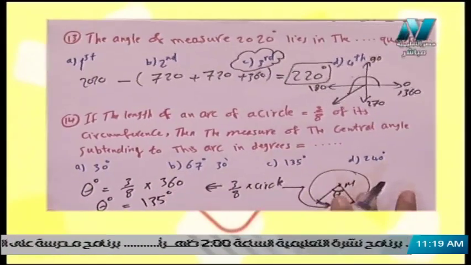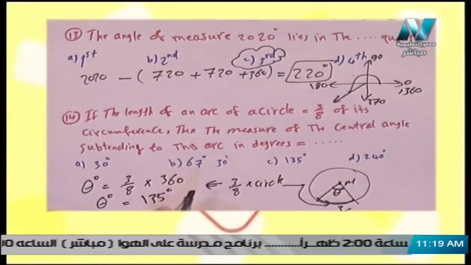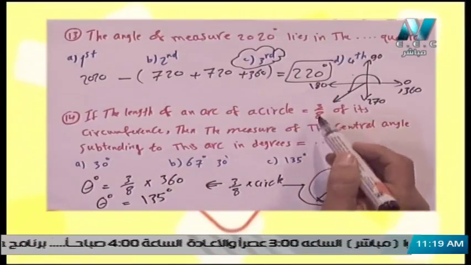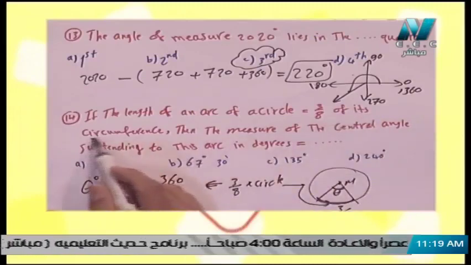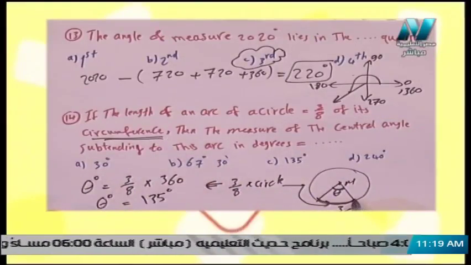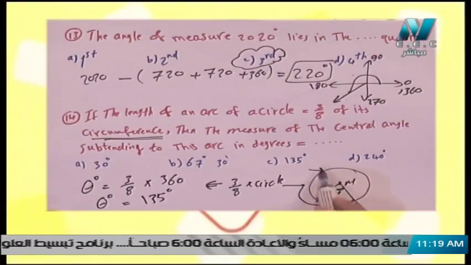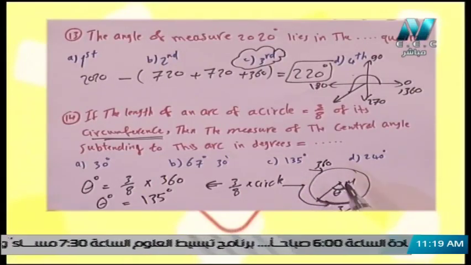So the answer here is 135 degrees for the central angle, which is 3 over 8 of the whole circumference, or the whole arc. We know that the whole arc here equals 360 degrees as a measure.